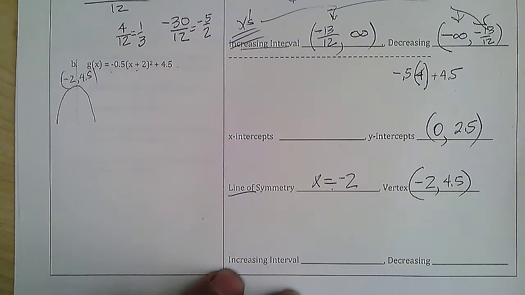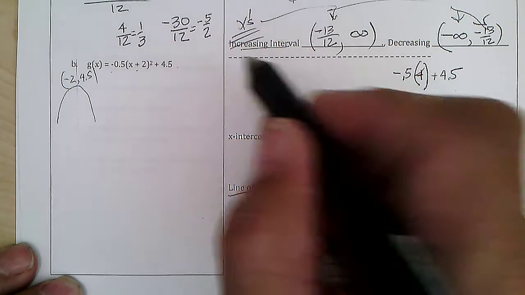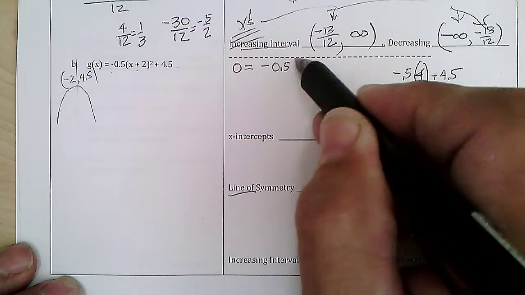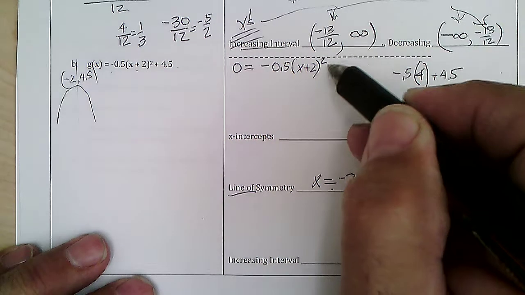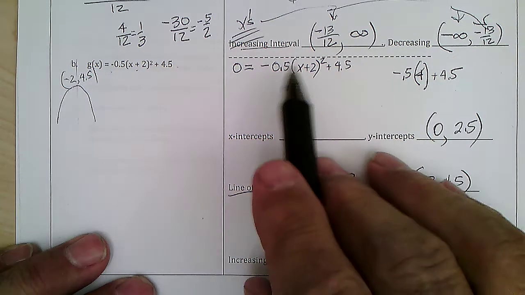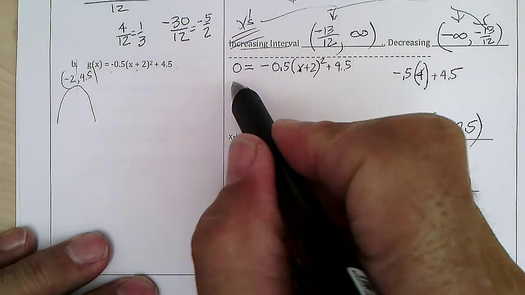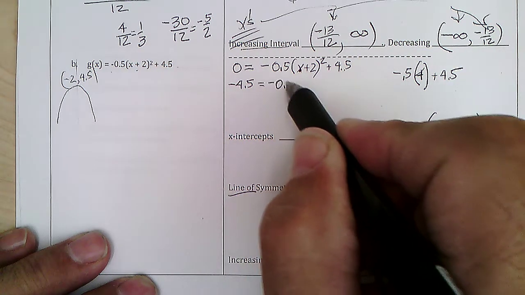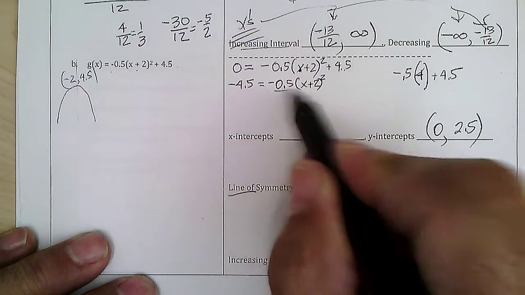That's the y-intercept. And the x-intercept, this is where you don't need to make it hard. You put 0 in for the y, so we get 0 equals negative 0.5 x plus 2 plus 4.5. X is always in one place, so just undo. Subtract 4.5 from both sides. Don't FOIL. Divide this off of there.